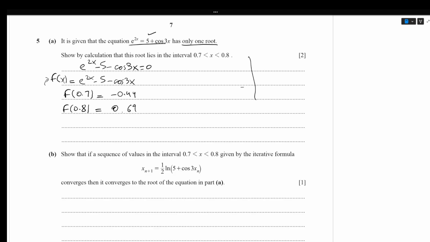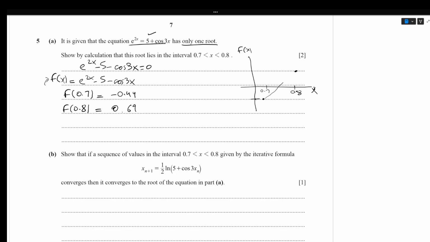If I plot this here, f of x at 0.7 and 0.8, this is minus, the sign is important, the value as such is not important, and this is plus 0.69.